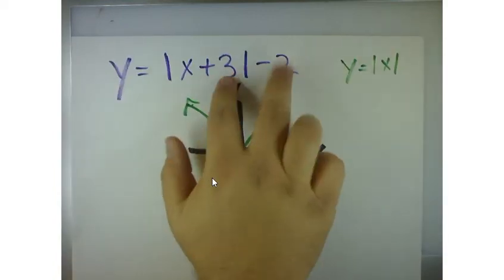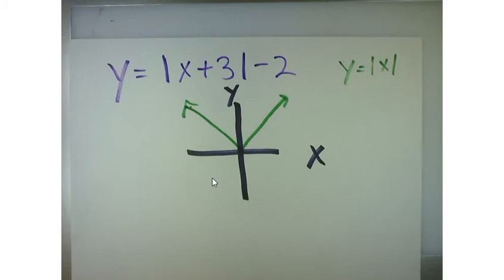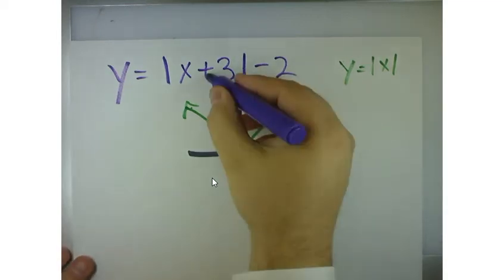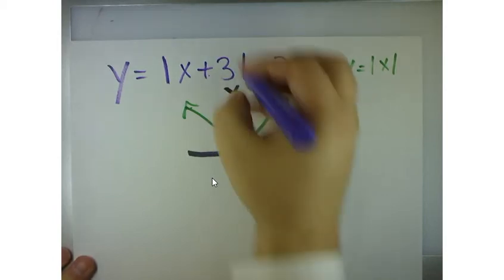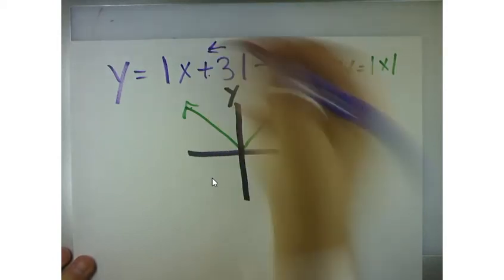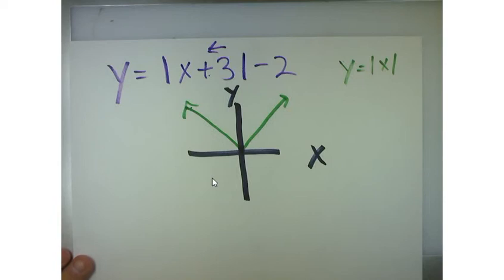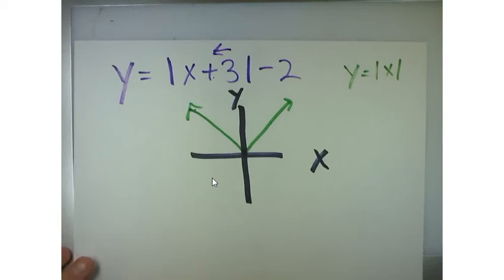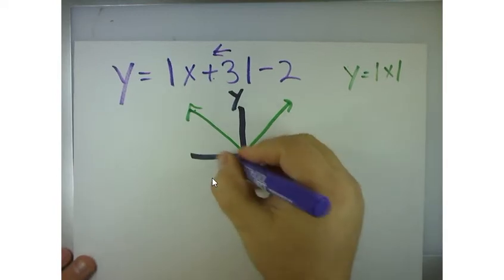What information do I have here that can help me? What I like to do is start at the vertex. If the vertex is here, what does the plus 3 mean? The plus 3 means I'm going to go 3 units to the left because it's inside the parentheses, and we always do the opposite direction if it's inside the parentheses. So I'm going to go over 1, 2, 3.